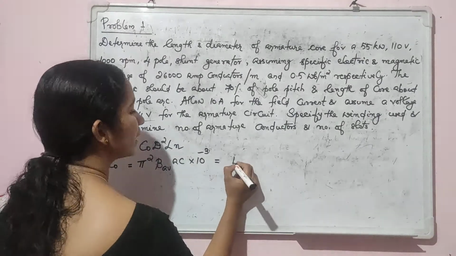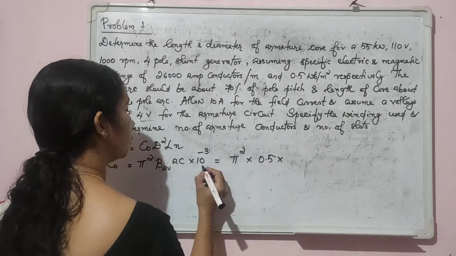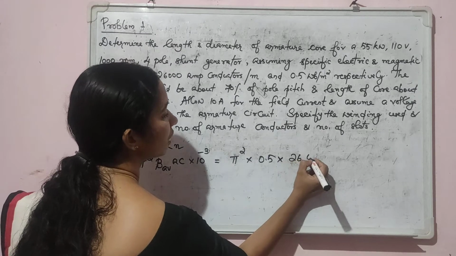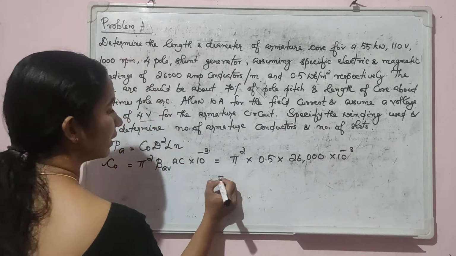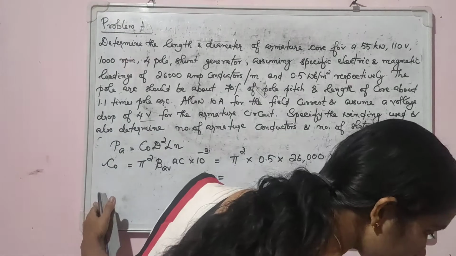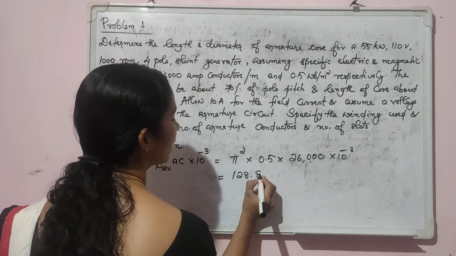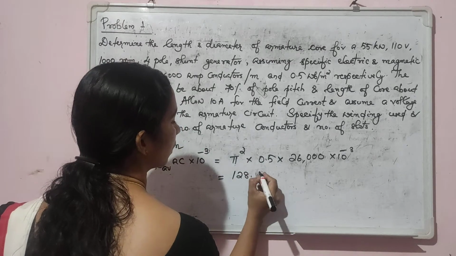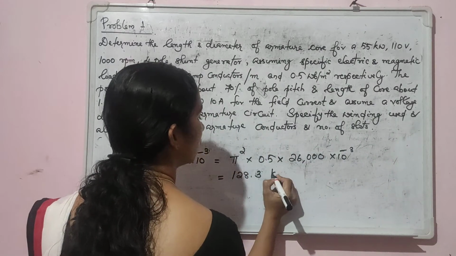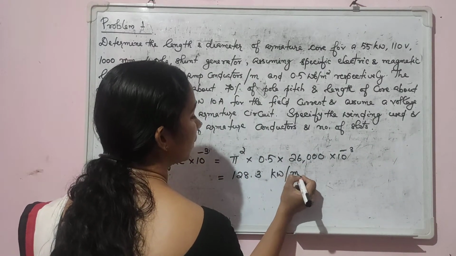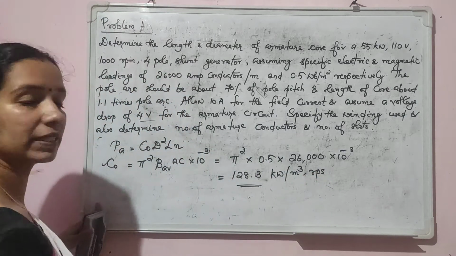So pi square into B average, given as 0.5, into AC, given as 26,000, into 10 raised to minus 3, which is equal to 128.3. Unit is kilowatt per meter cube RPS. So we have got the value of C0.